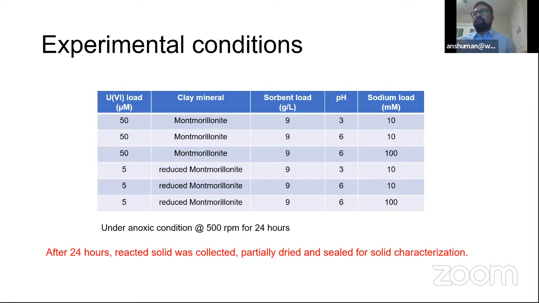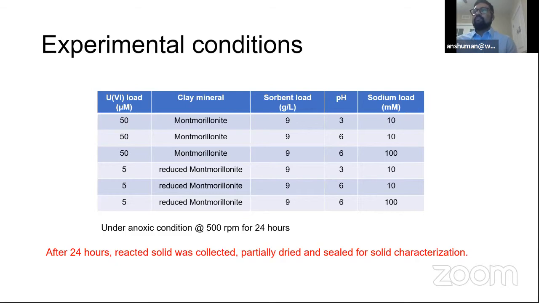So high sodium loading basically suppresses these cation exchange sites in the clay. And similarly for reduced Montmorillonite, we chose a lower uranium 6 loading, almost 10 times lower.